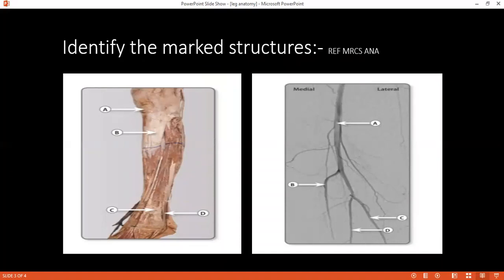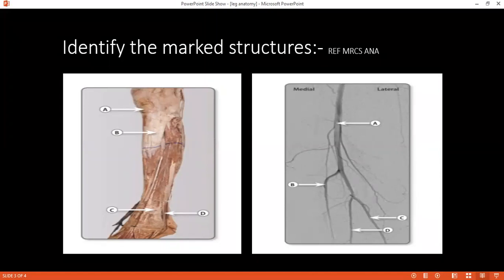There is something in between them. There's a tendon between them. Are you sure? Not the tendon. It's a fascia, more like a septum. Okay, which is connected in between them.